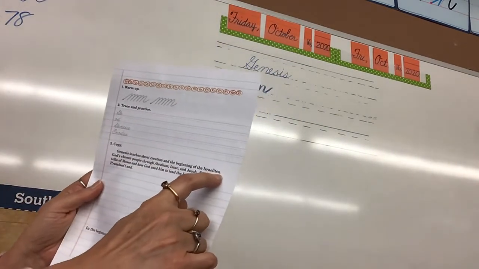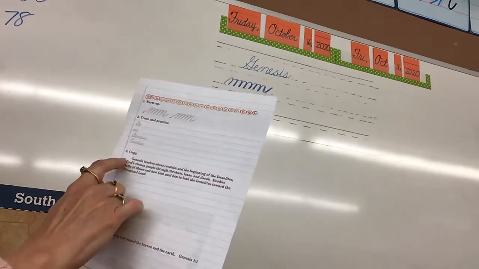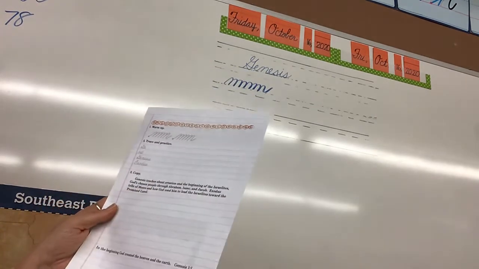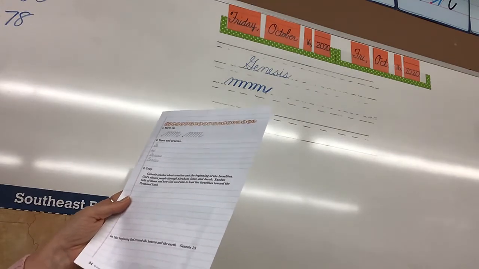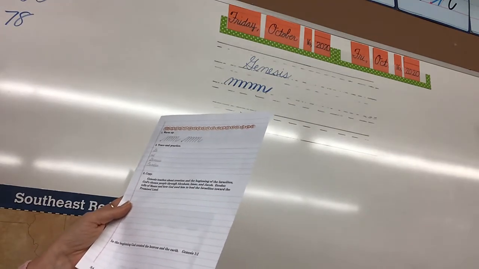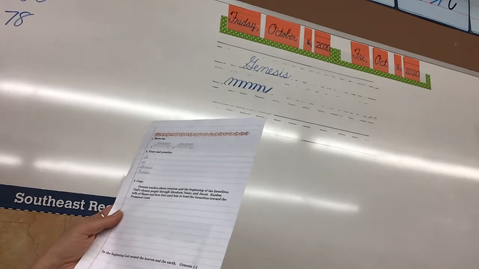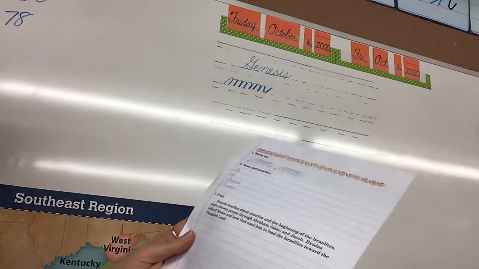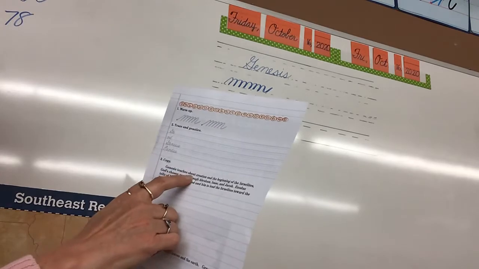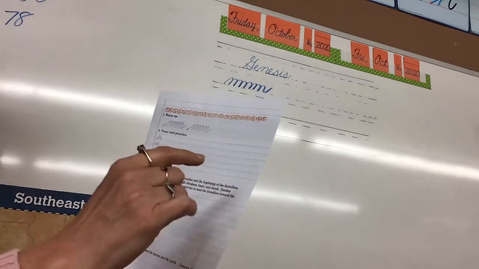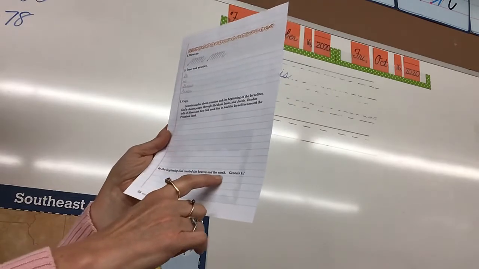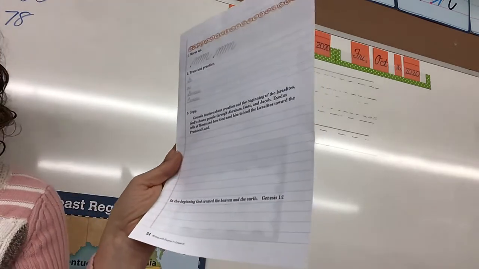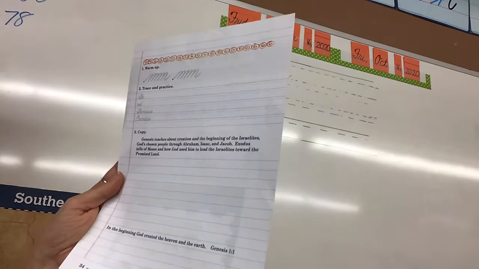You're going to change that comma to a period, and then you're not even going to write the next 3 lines. Where it says, God's chosen people through Abraham, Isaac, and Jacob. Exodus tells of Moses and how God used him to lead the Israelites toward the promised land. All right, to me, as long as you can write Genesis teaches about creation and the beginning of the Israelites, and then put a period, and then come down here and write, in the beginning God created the heaven and the earth, Genesis 1:1, I think that's plenty for penmanship.